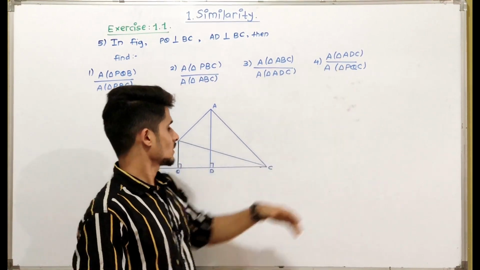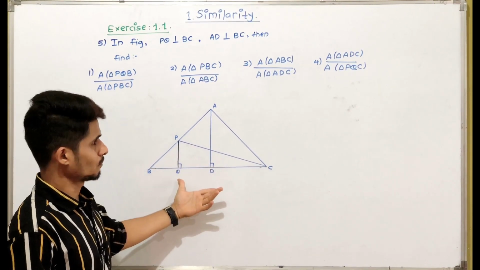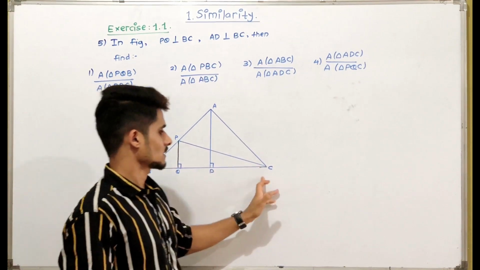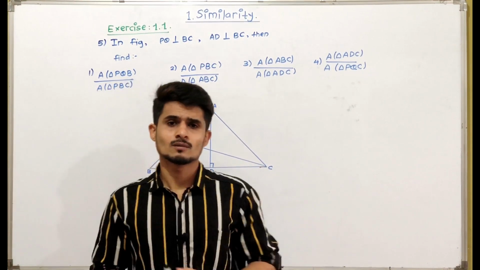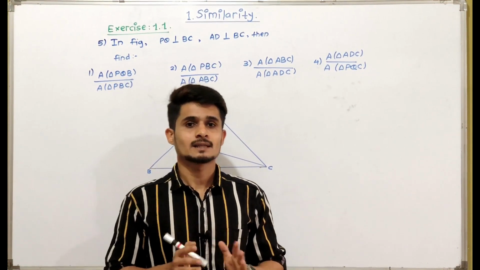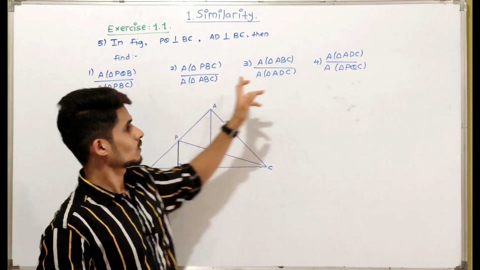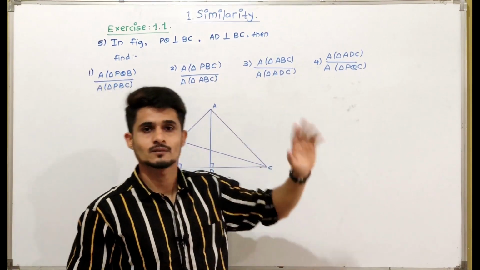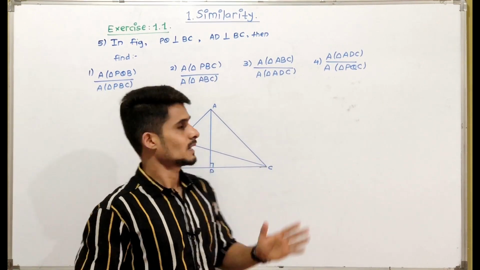So in fourth one, find the height and the base for triangle ADC and triangle PQC. So this sum is homework for you. Solve it and write the property for each of the sub questions. That is, for the question number 1, 2, 3, 4, write the property and solve it.